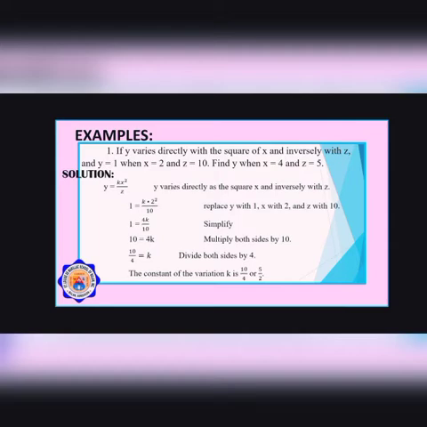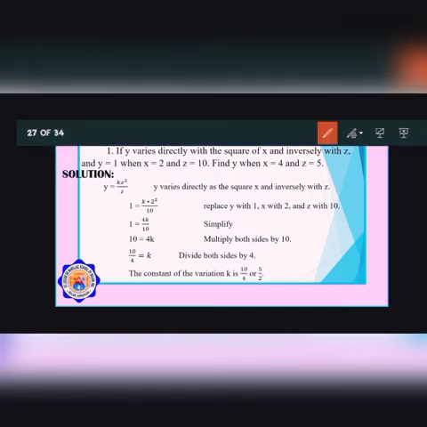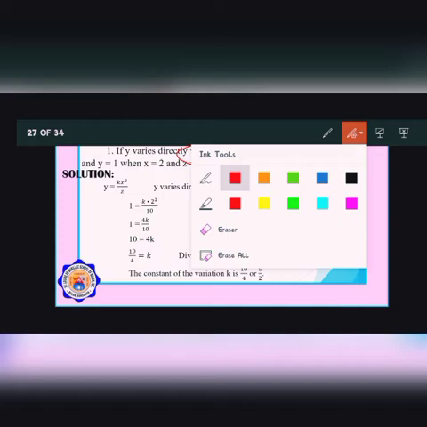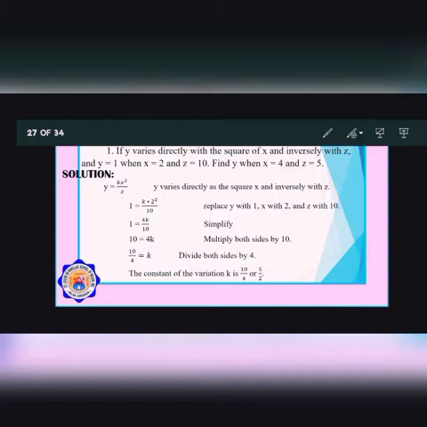So, the equation is y is equal to k times x squared, since ang sabi sa problem natin is with the square of x. So y is equal to k times x squared divided by z. So, y varies directly as the square of x and inversely with z. Substitute the given values for y, x, and z to find the value of k.